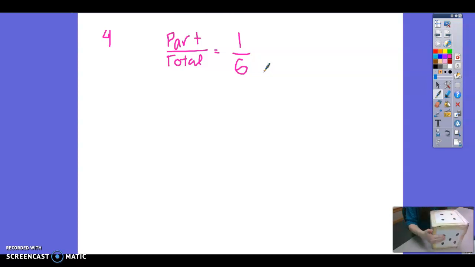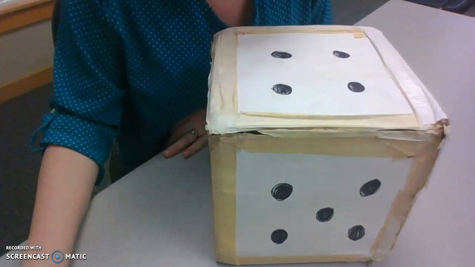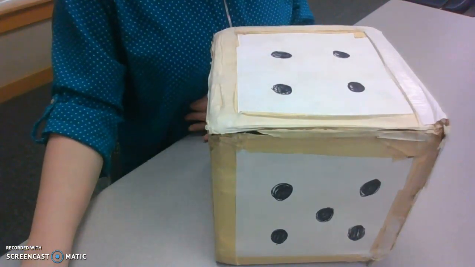We're going to keep track of whether I got the number 4 or not, with a tally of the times I get the number 4 and the times I do not.